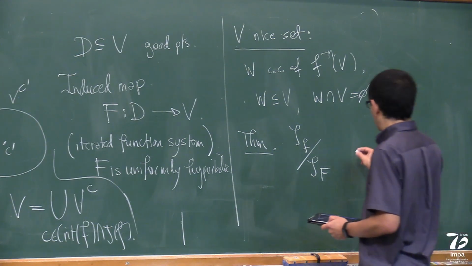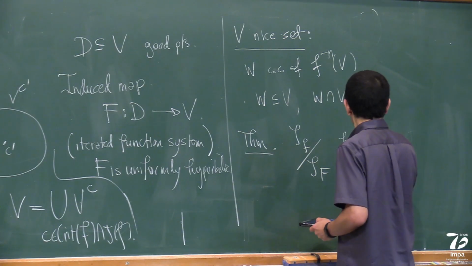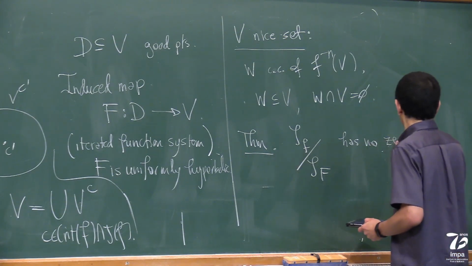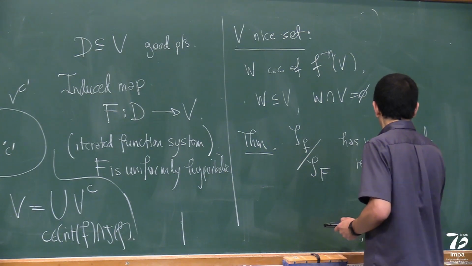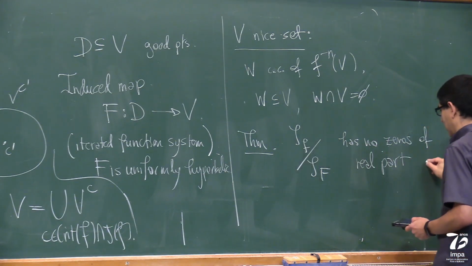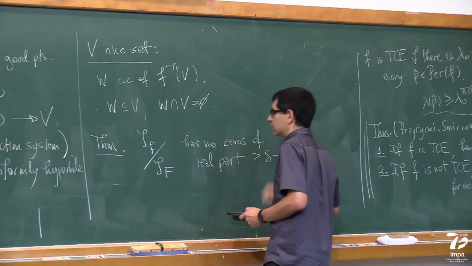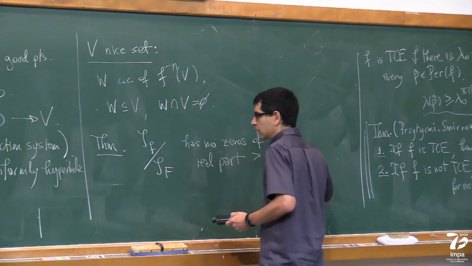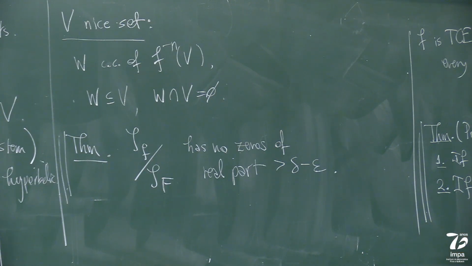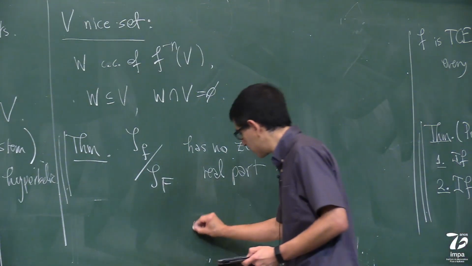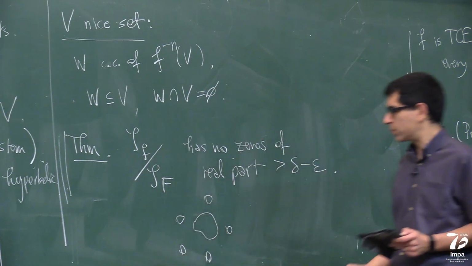And you can show that it has no zeros of real part bigger than delta minus epsilon. So there is epsilon so that this is true. And the reason is basically the following. You look at the points that never enter this nice set, and you have this type of Sierpinski carpet.